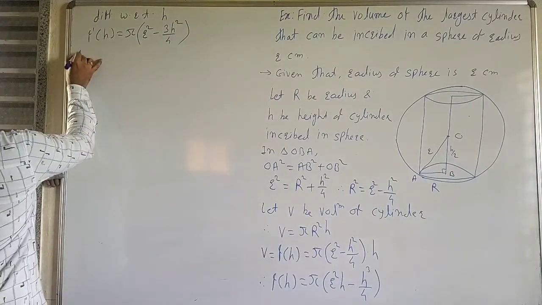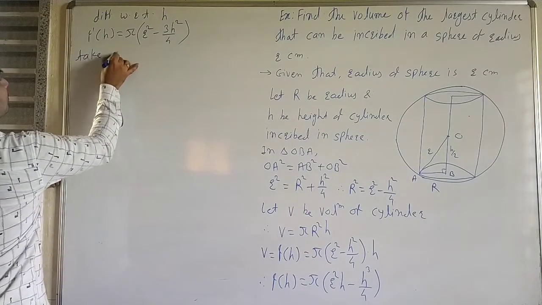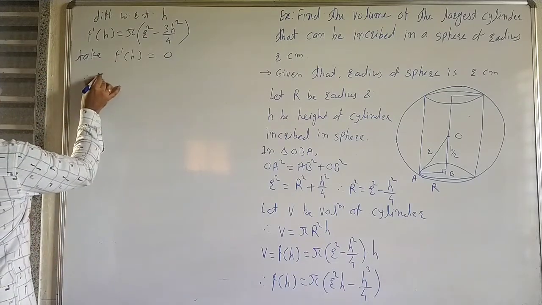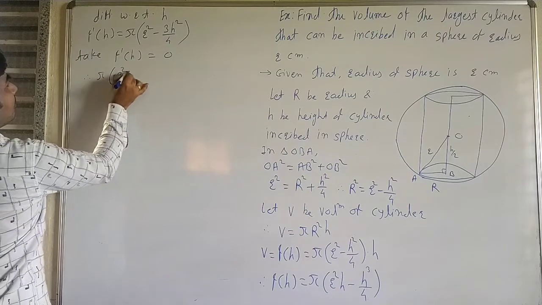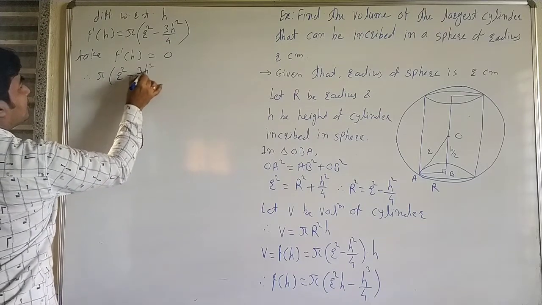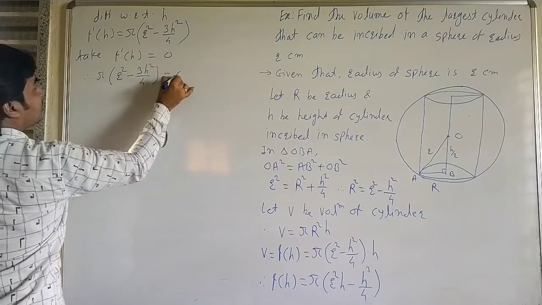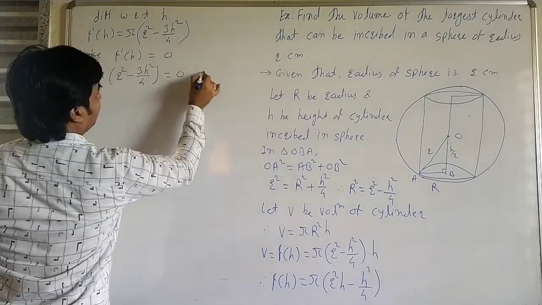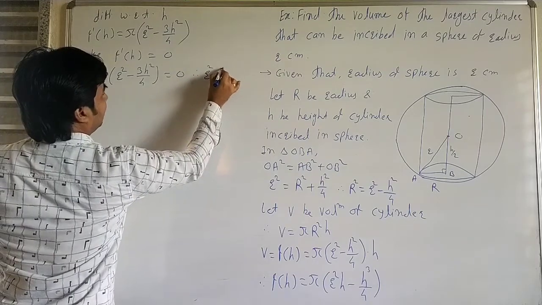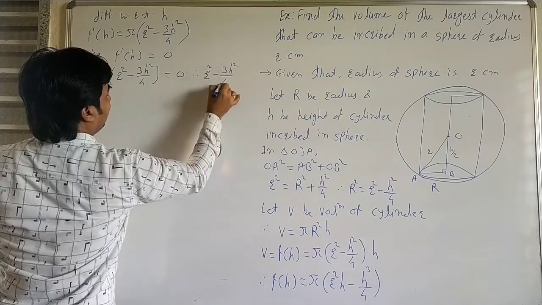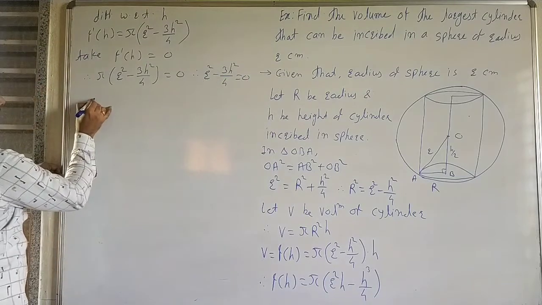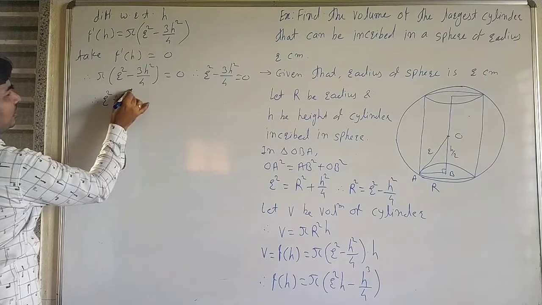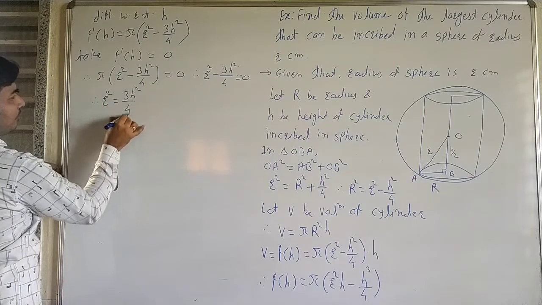Now take f dash of H equal to 0. Therefore pi into r square minus 3H square by 4 is equal to 0. Pi is not 0, therefore r square minus 3H square upon 4 is equal to 0. Then this can be written as r square is equal to 3H square by 4.